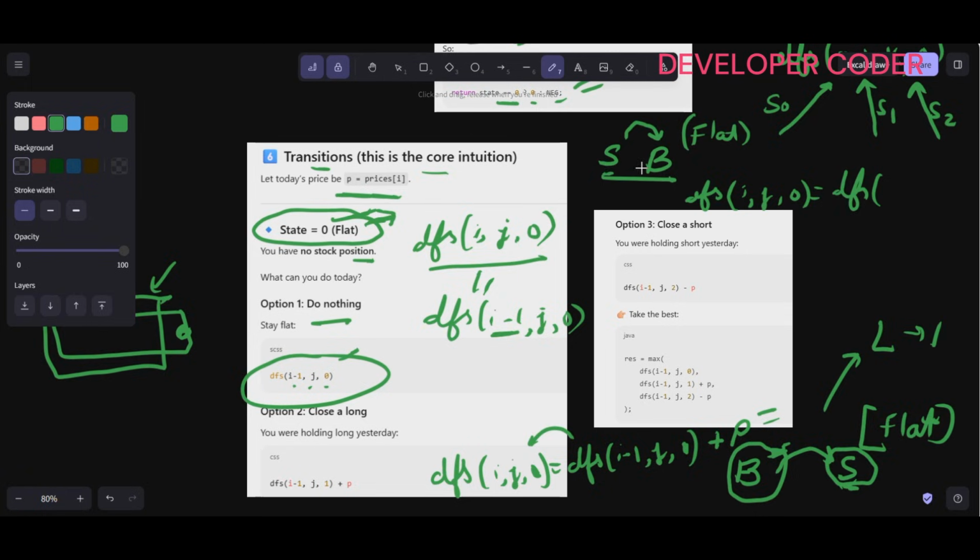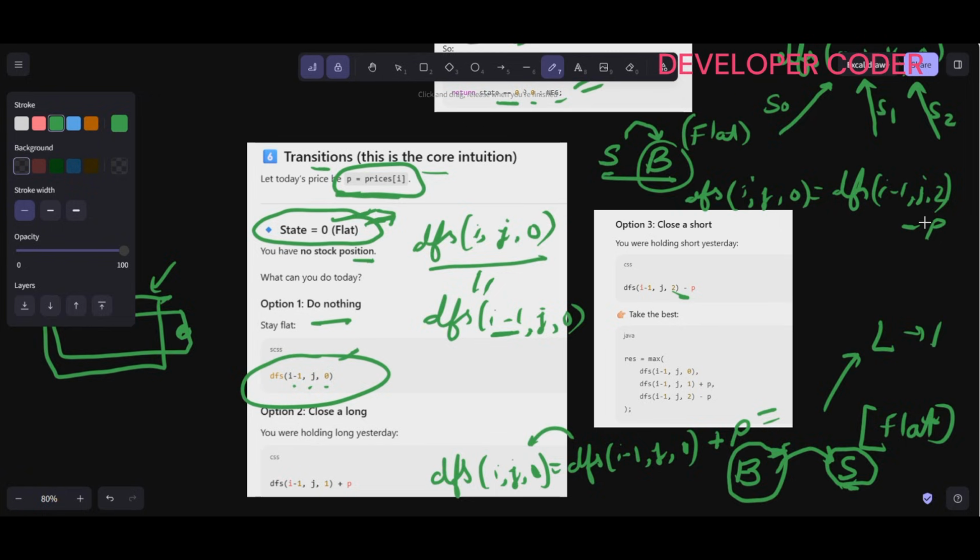So it is sell. If it is sell, it means short, right? So i minus 1, j, and here I will write 2, and now you are buying it back, so definitely you are losing some money at this particular position, right? So minus p, at this position, right?